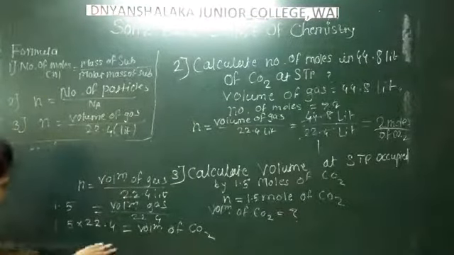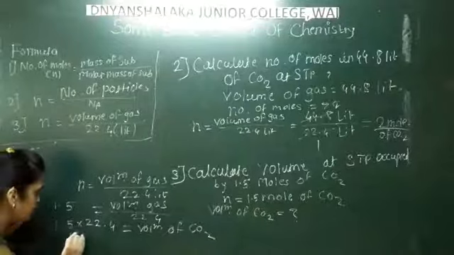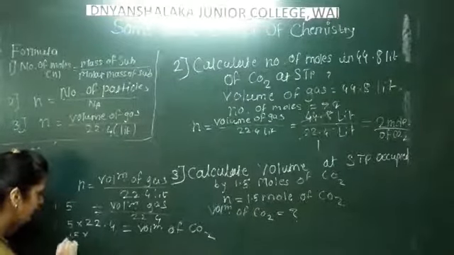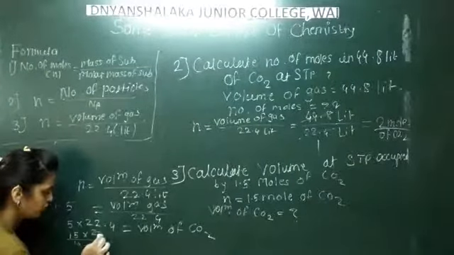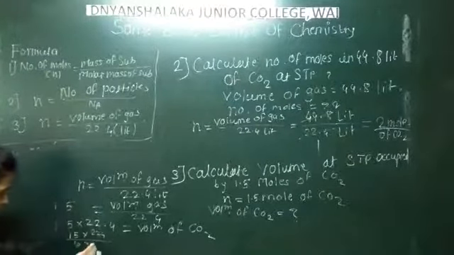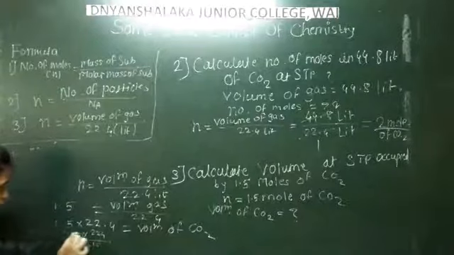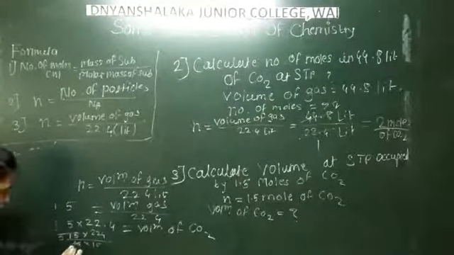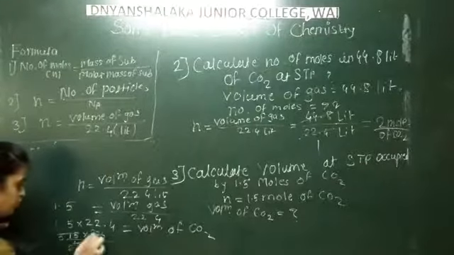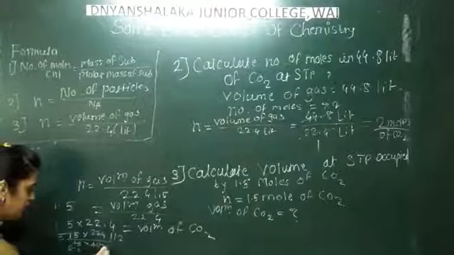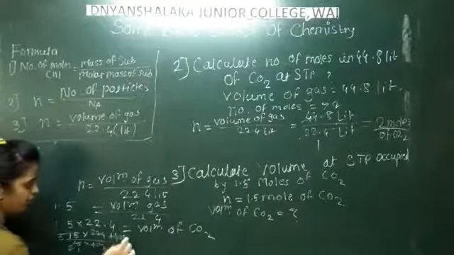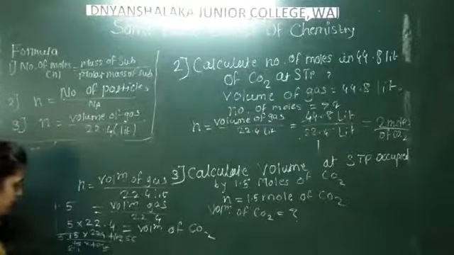So 1.5 means, on removing the decimal point, 15 upon 10, and 22.4 means 224 upon 10. Then we multiply the digits step by step.